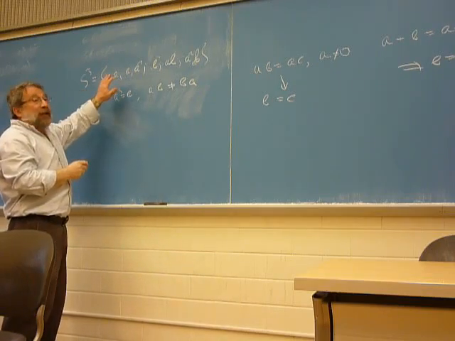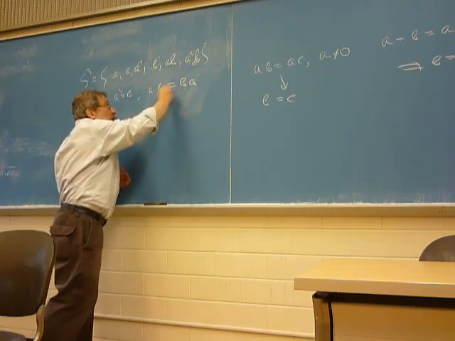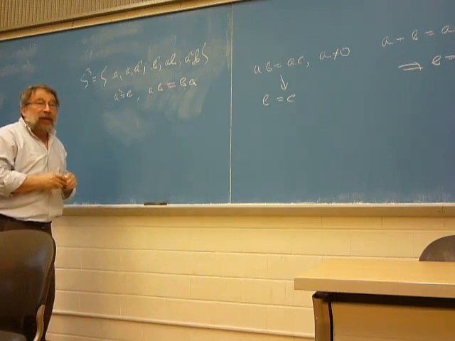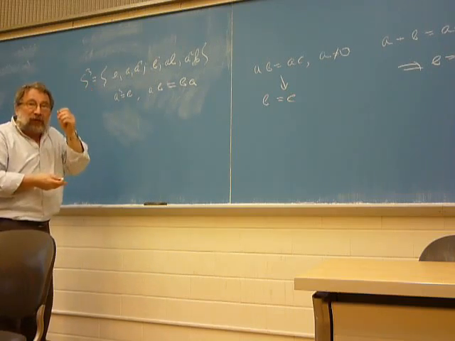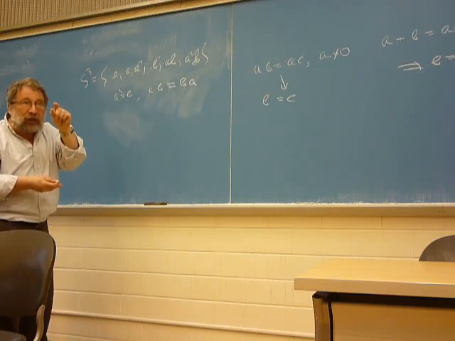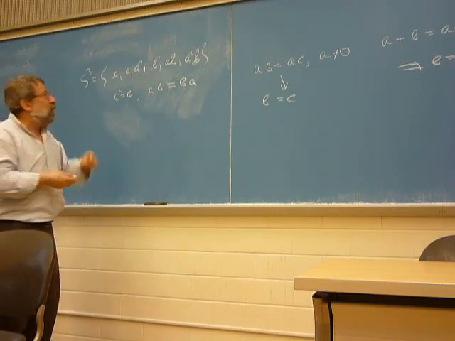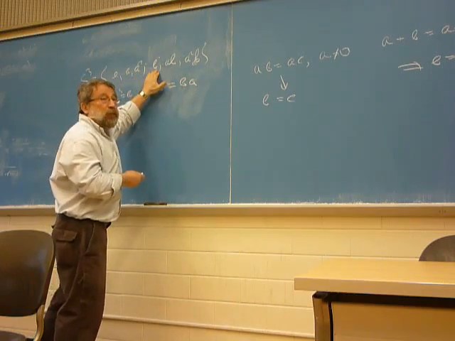Because in principle, if you write just this, and you put AB equal to BA, then it's also possible. You won't get S3, you'll get Z6.